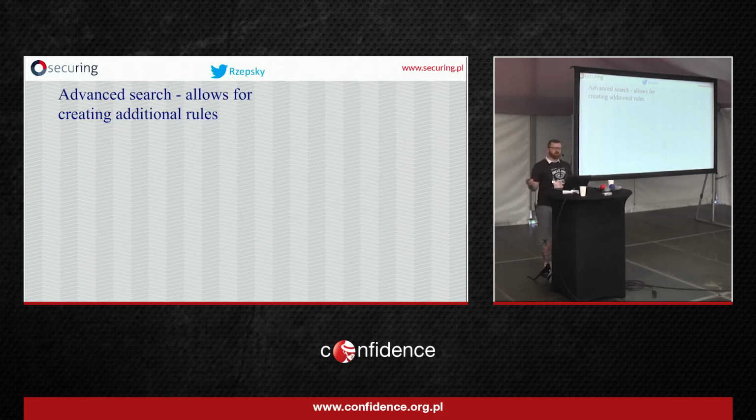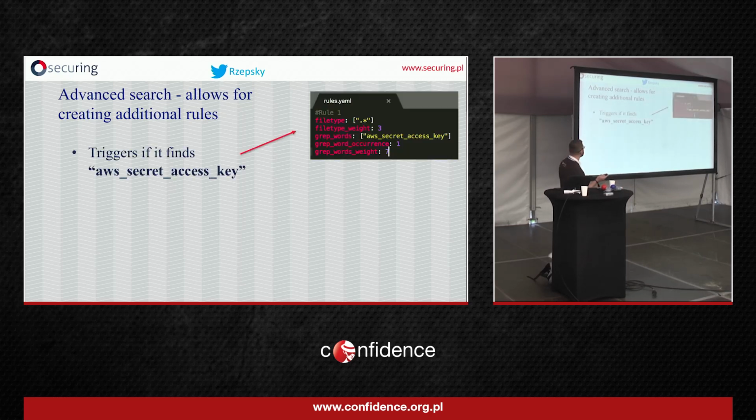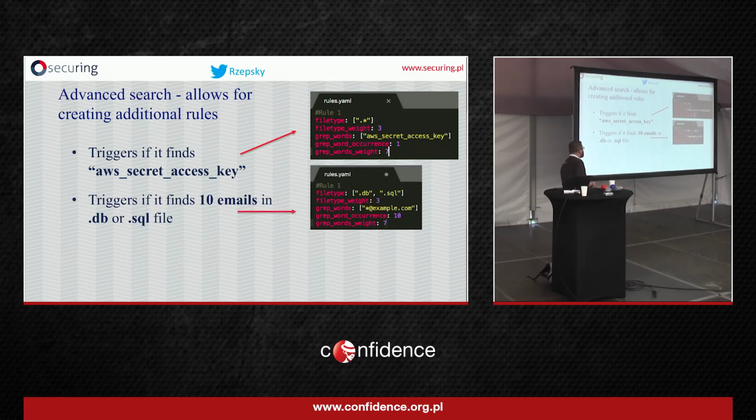Okay, so I mentioned Dumpster Diver also has the ability to do an advanced search. So what is the advanced search? First of all, it can do a simple grep. If you are analyzing a lot of files, you may just want to simply grep for something. You can create simple rules like, for example, mail leaks.